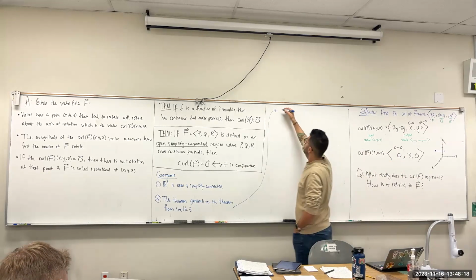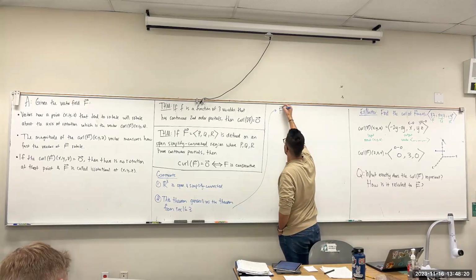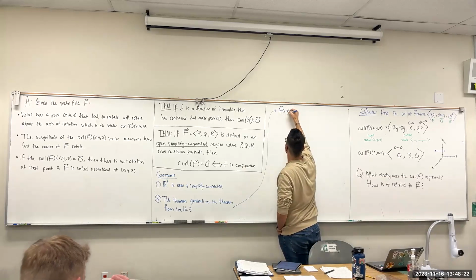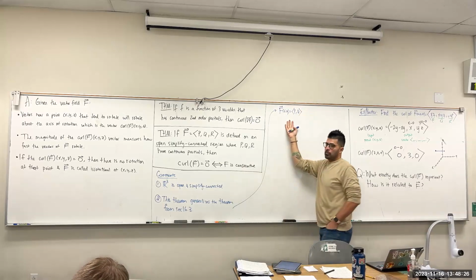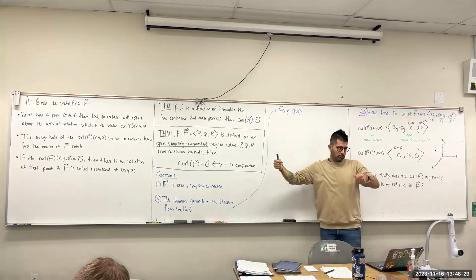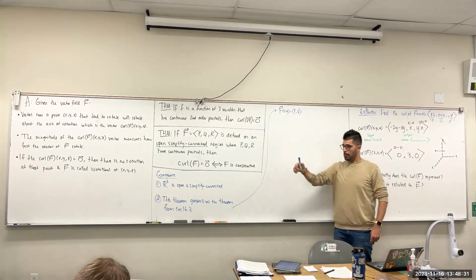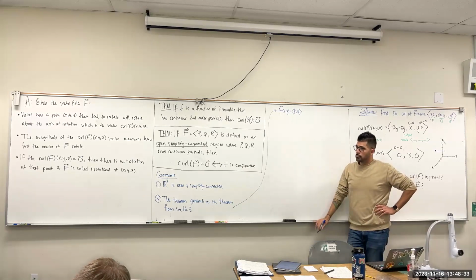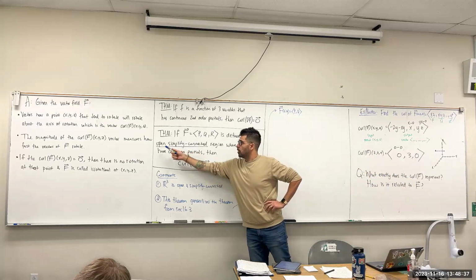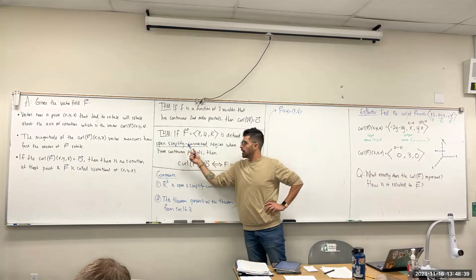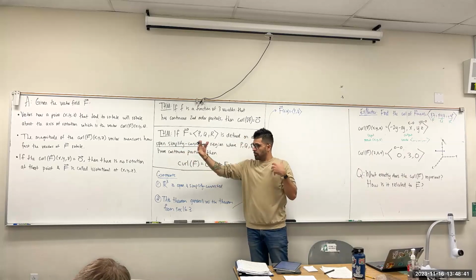So in section 16.3, we said that if we had a two-dimensional vector field that was defined on an open, simply connected region, whose partials were continuous... Open and simply connected. Remember, open meant no boundary. Connected means it wasn't disconnected into several parts.